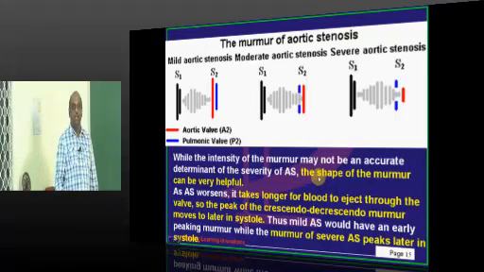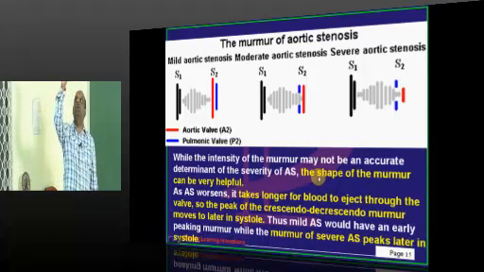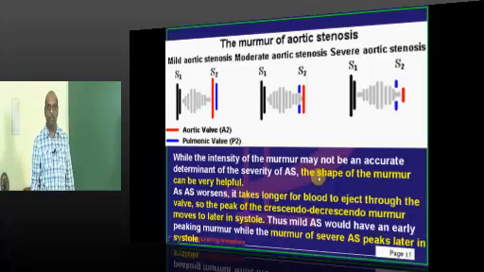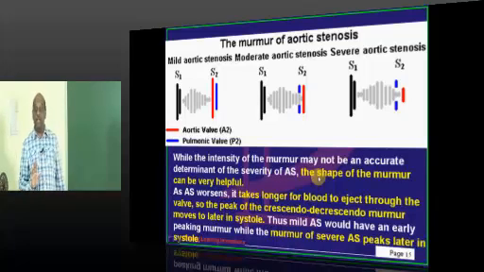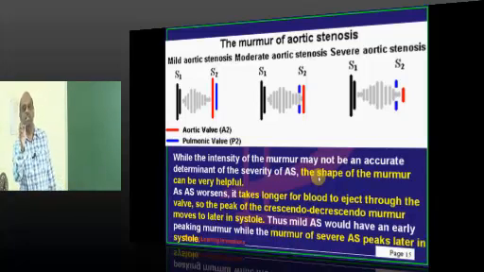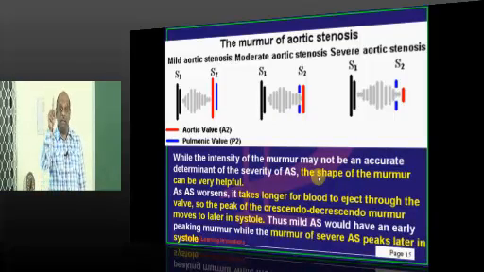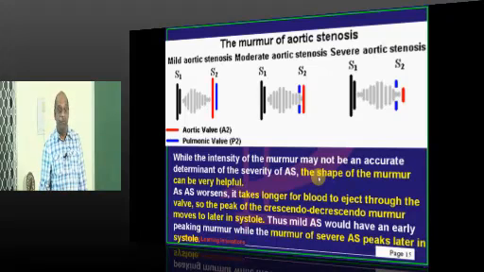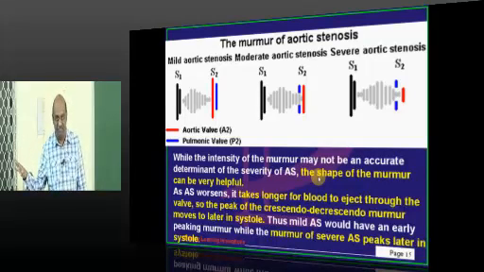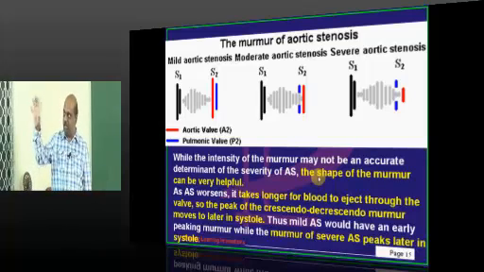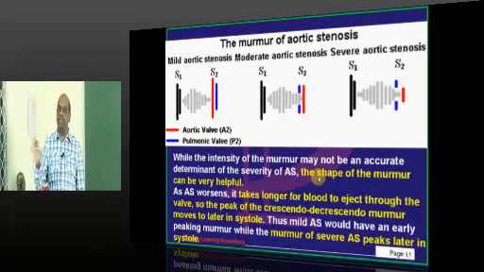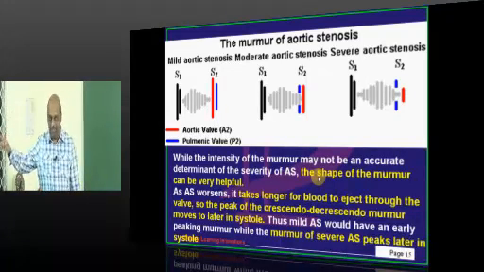But we said it is a crescendo, decrescendo murmur. So, the shape of the murmur has a relation with the severity, not the intensity. The duration of a murmur has a relation with severity, but not the intensity. So, duration, shape, not intensity, has a relationship with the severity of the murmur.